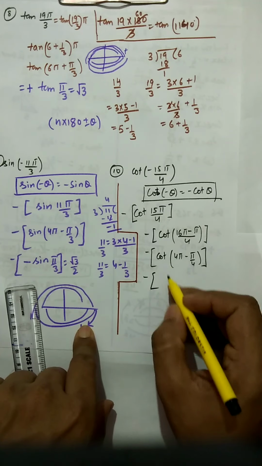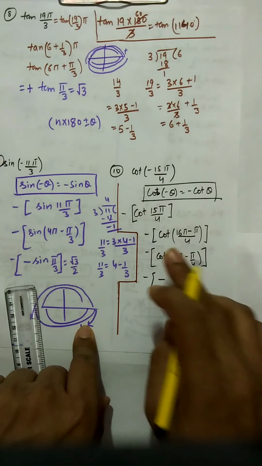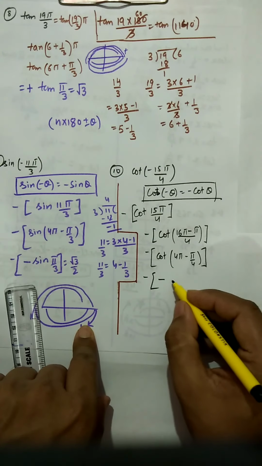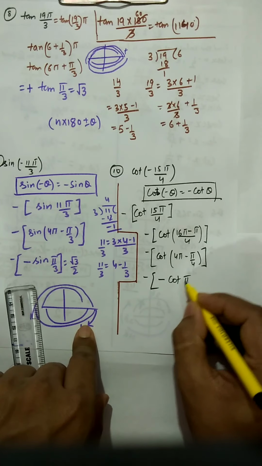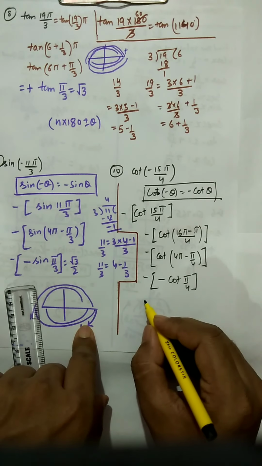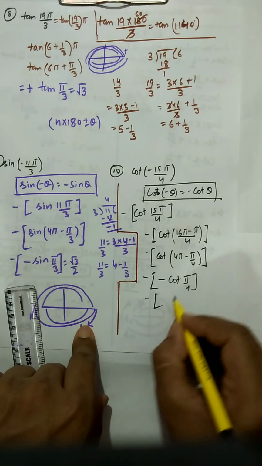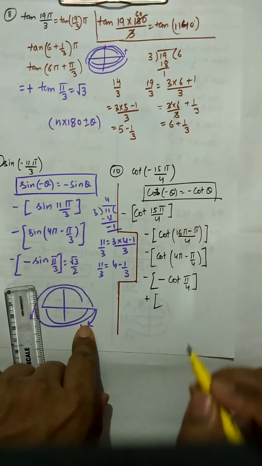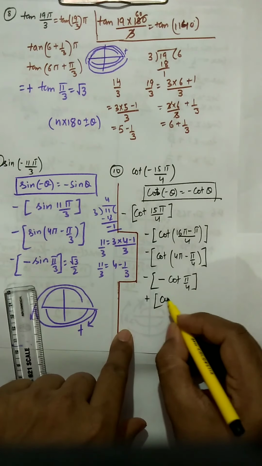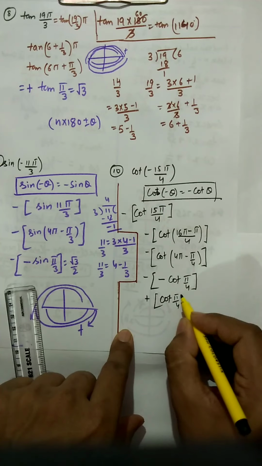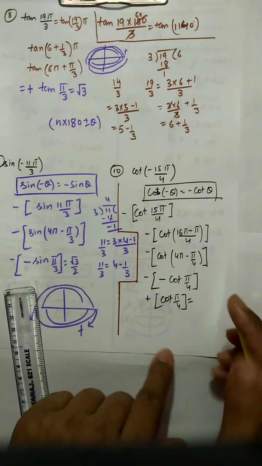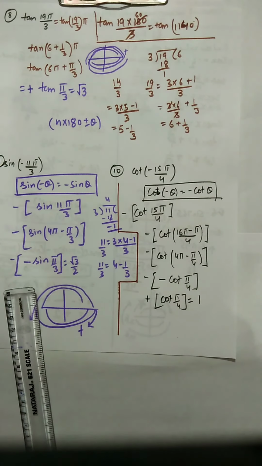In the fourth quadrant cot is negative, and the function cot will not change, so it becomes cot pi by 4. So the value of this now becomes positive, and this is cot pi by 4, and pi by 4 means 45, the value is 1. So your answer is going to be 1.